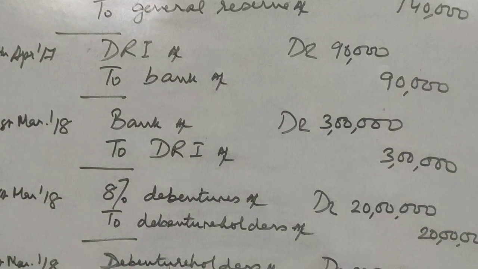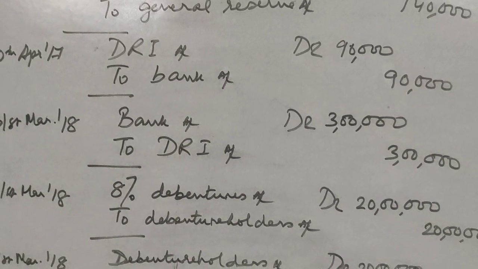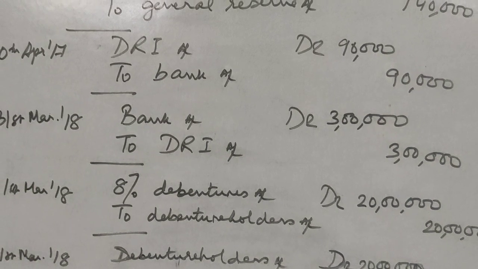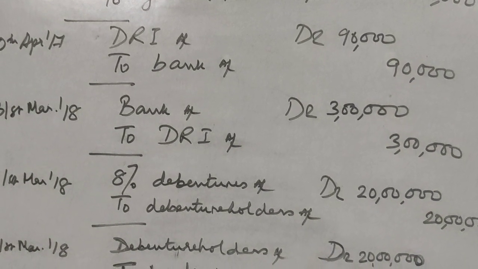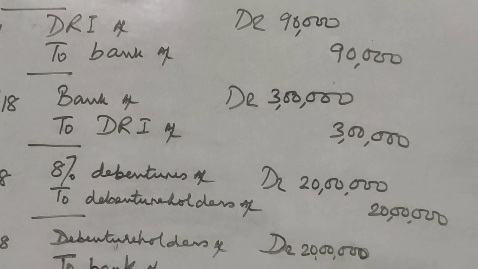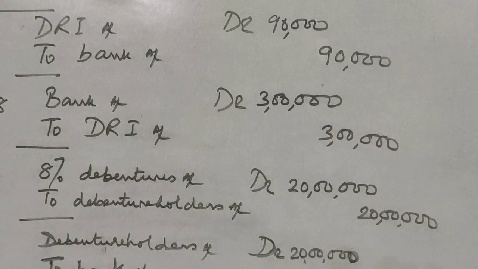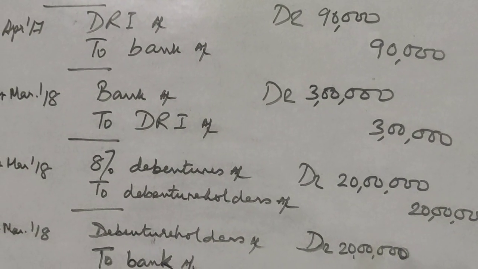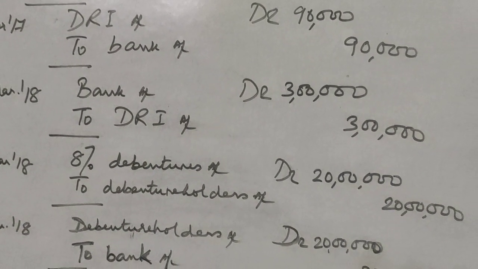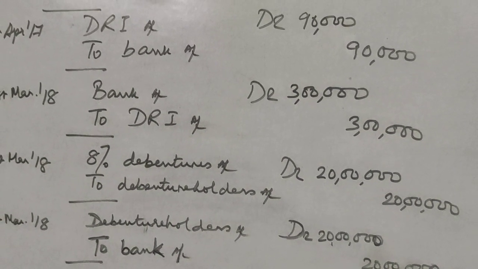So we will pass the entry bank account debit 3 lakh to debenture redemption investment 3 lakh. That means the total investment of 3 lakh we are selling off.